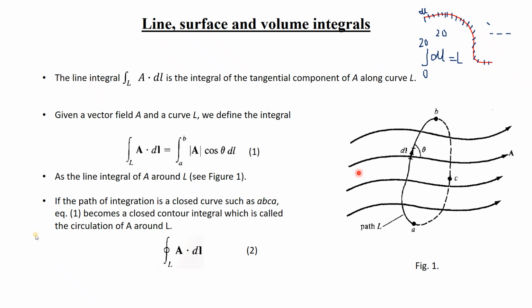So it will be A dl cos theta, from A to B.